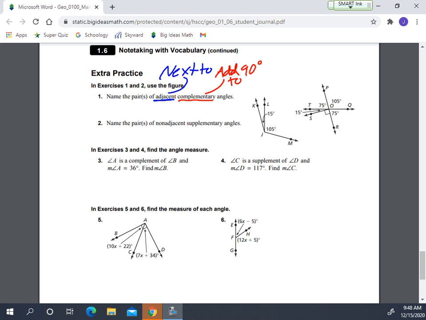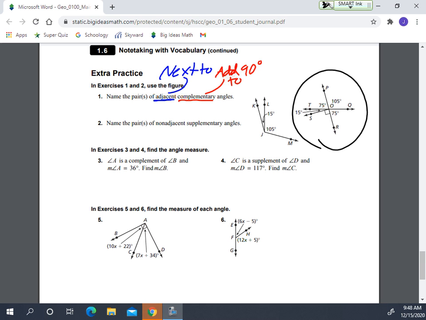Well, we can start with these two. We can start with KJL and LJM. But do those add up to 90 degrees? The answer is no. LJM is bigger than 90 degrees. So it's something over in this group of angles. Okay?